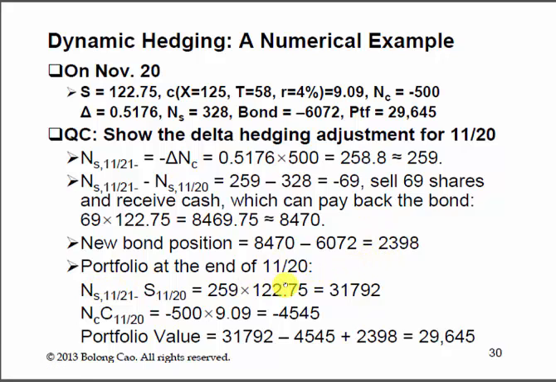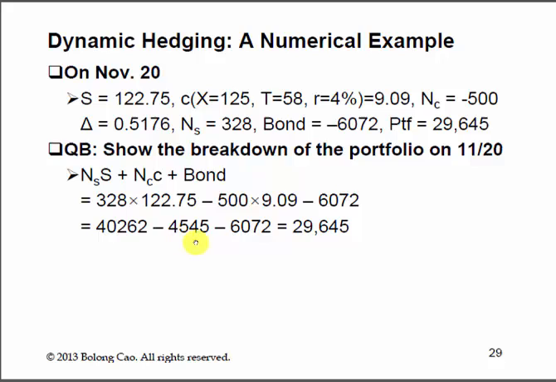So the portfolio at the end of November 20th, what do we have? You have the long underlying position, 259 times 122.75, which is the share price. You get $31,792 in the long underlying stock. The written call still is this number, $4,545.